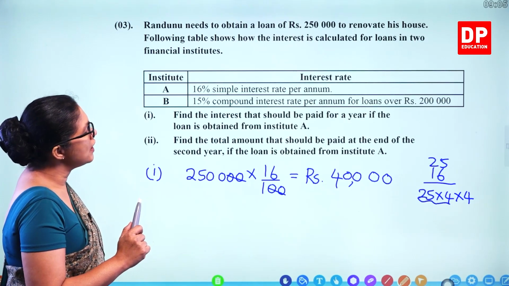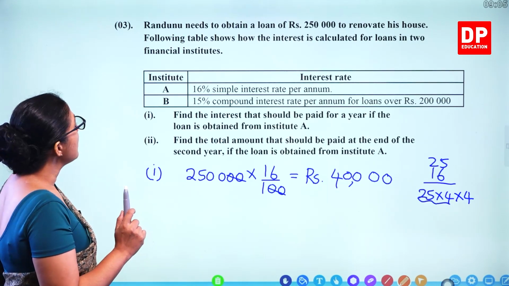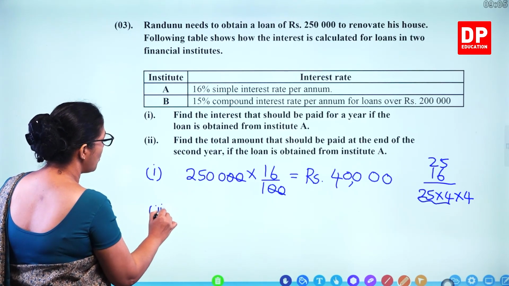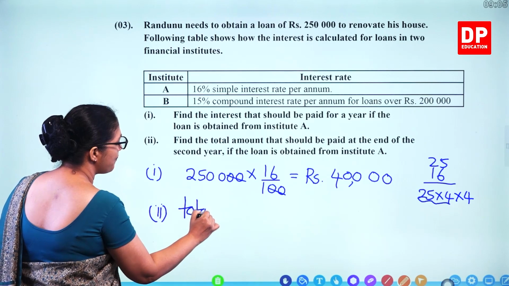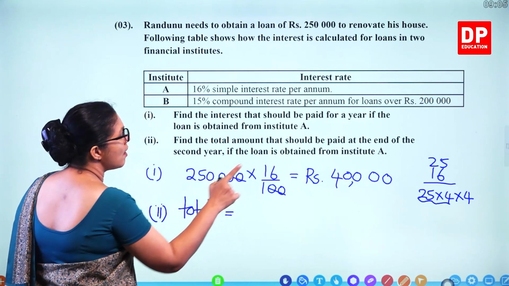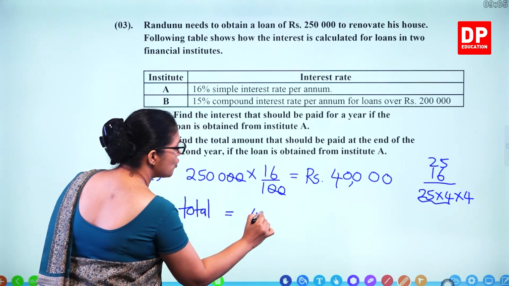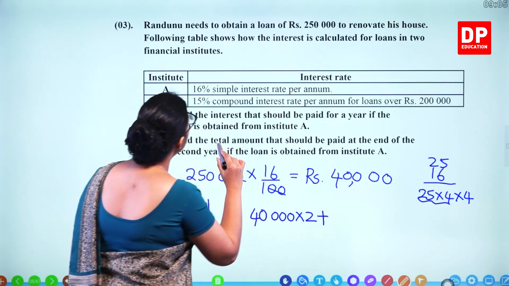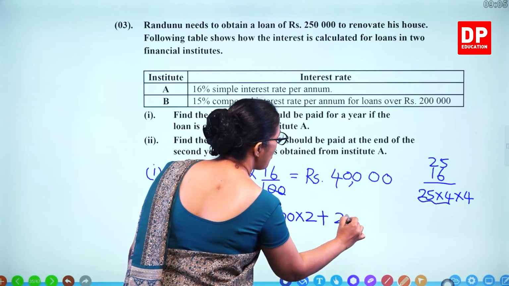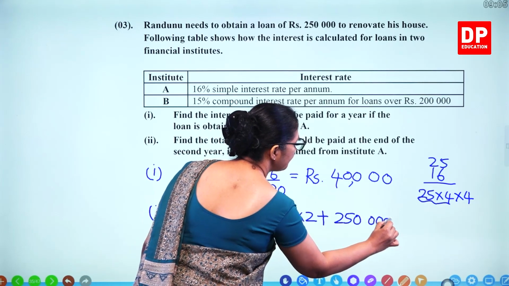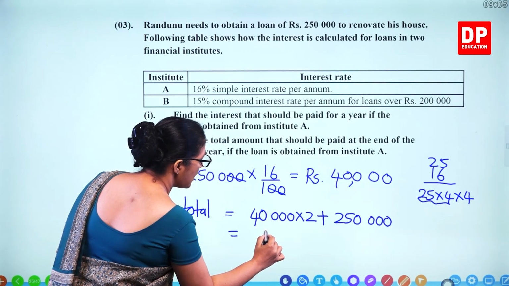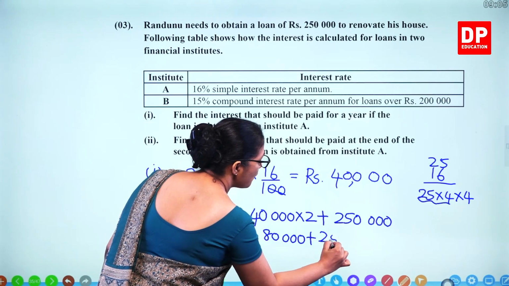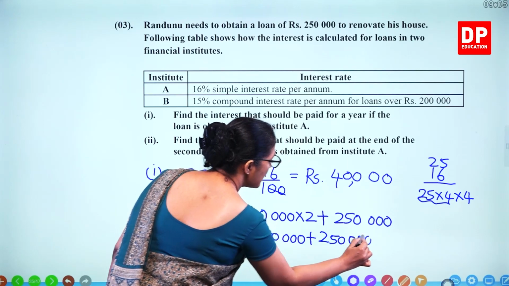Second part, find the total amount that should be paid at the end of the second year if the loan is obtained from Institute A. So this is the interest for 1 year. So what's the total amount needed to pay? You need to multiply this by 2 for 2 years and add the initial value, that's 250,000. So you get 80,000 plus 250,000 rupees.